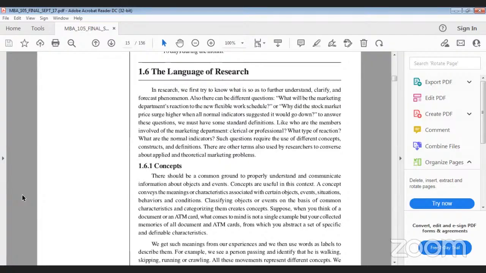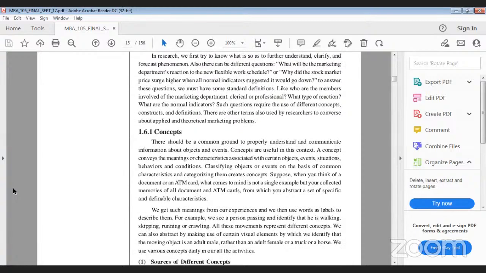Suppose when you think of a document or an ATM card, what comes to mind is not a single example, but your collected memories of all documents and ATM cards, from which you abstract a set of specific and defined characteristics.